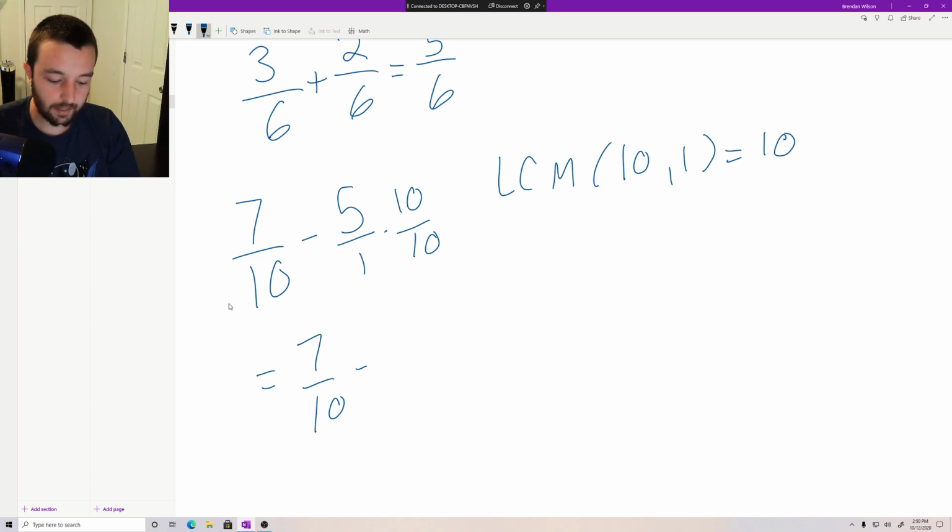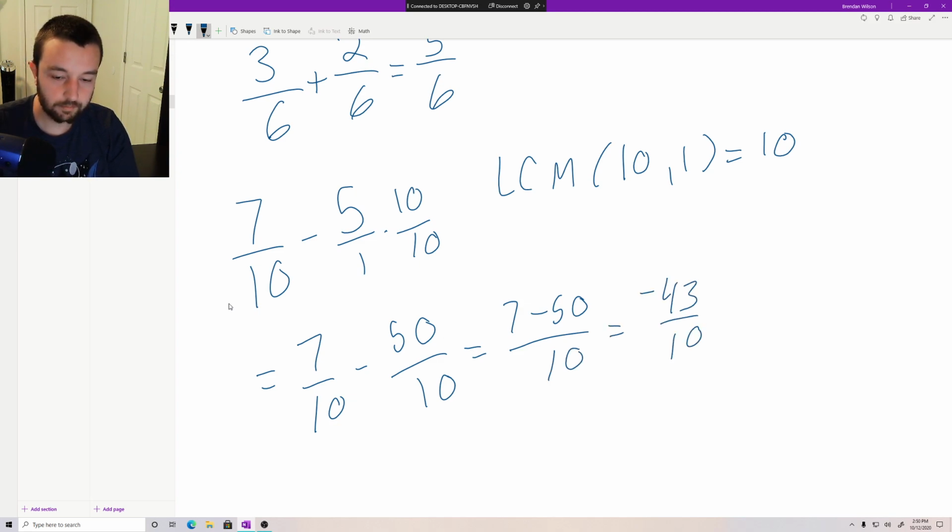So 5 times 10 is 50. At the bottom we have 10. So we're doing 7 minus 50 over 10, which you'll get negative 43 over 10. Okay. So we're just multiplying by 1 in clever ways at the end of the day.